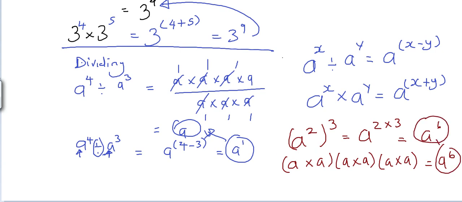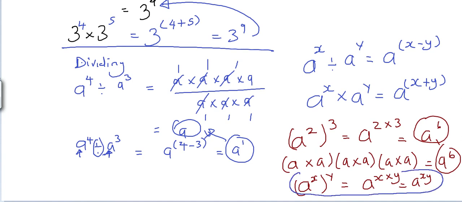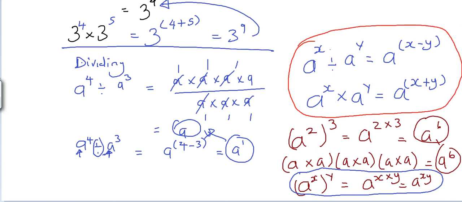So we can say a to the x, all to the y, is the same as a to the x times y, which is a to the xy. And those are the simple rules for index form when we multiply and divide them.